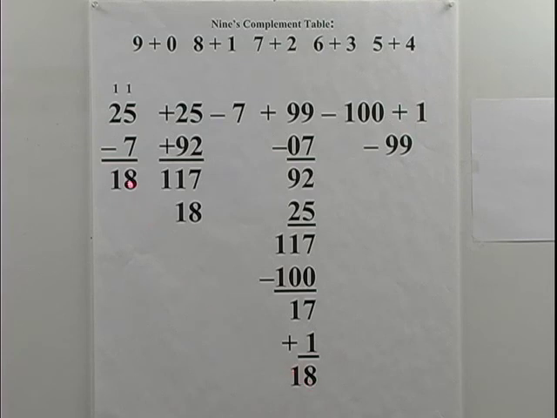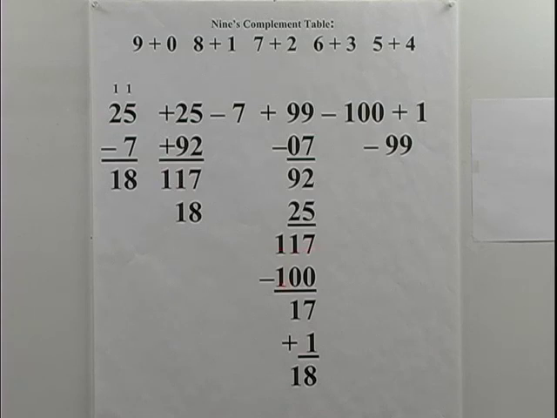I get the correct difference. So in the 9's complement procedure, I will take the 9's complement of 07, which is 92, put it over here, and I'm going to add it to the minuend. When I do that, I get the same number, 117, same as here.